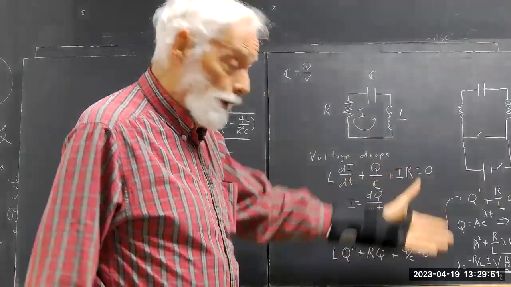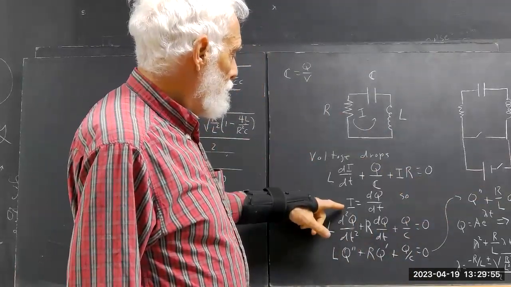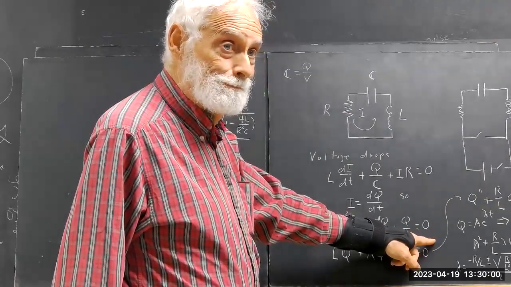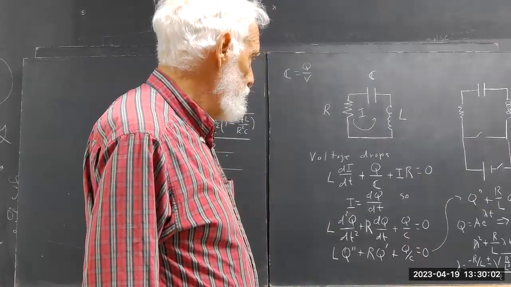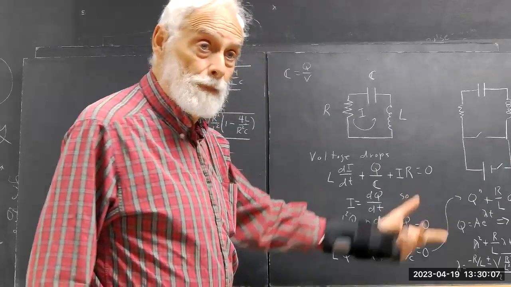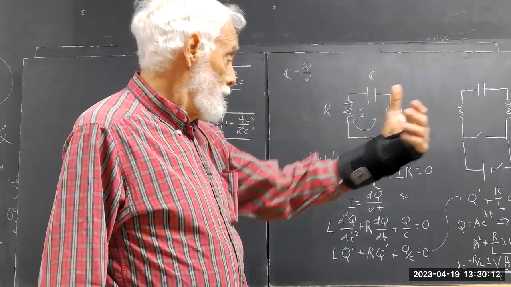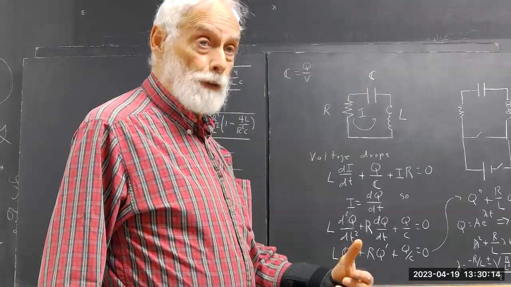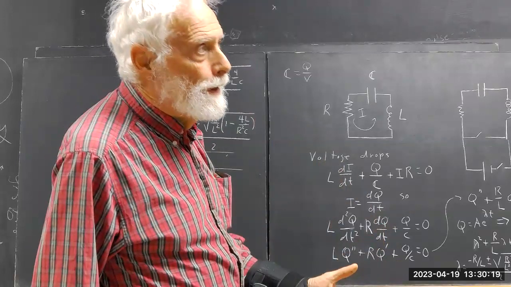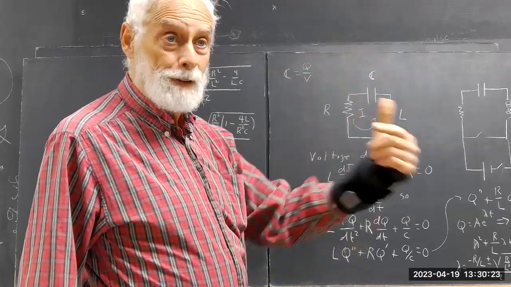So we don't need to do anything fancy to understand that if this term isn't here, the second derivative of q is negative q over LC. So q double prime is negative q over LC, and the solution would be, for example, the cosine of 1 over the square root of LC times t.